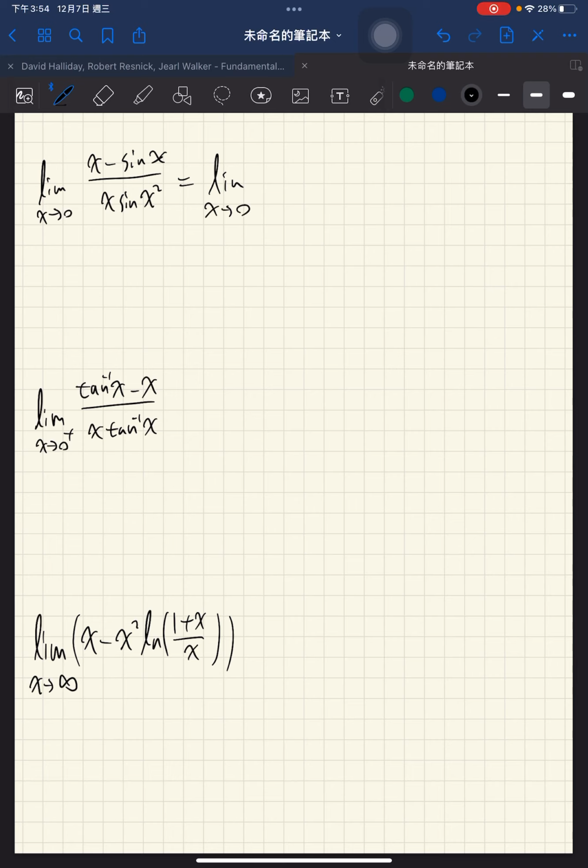You can just do x minus x to the 3rd power over 3 factorial, and we can just leave it here.